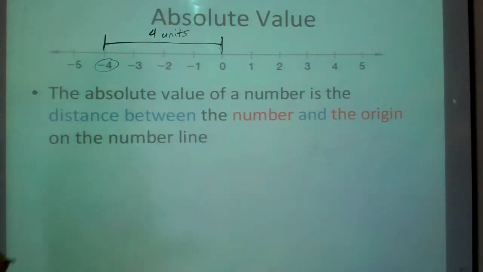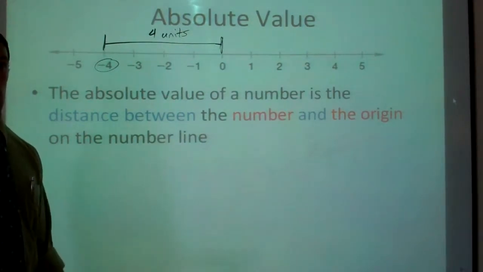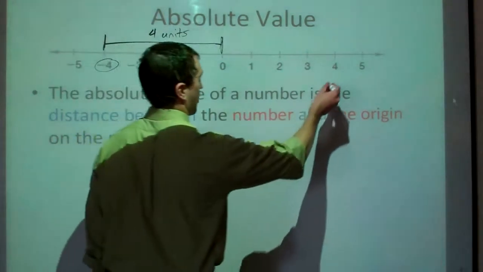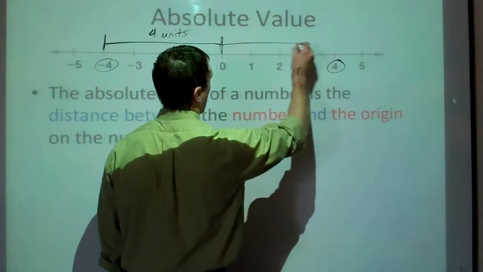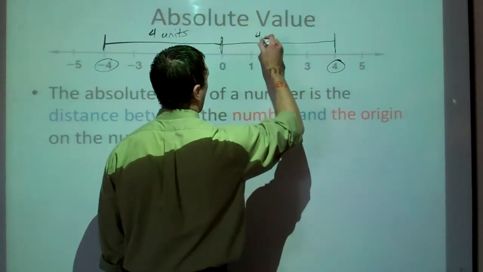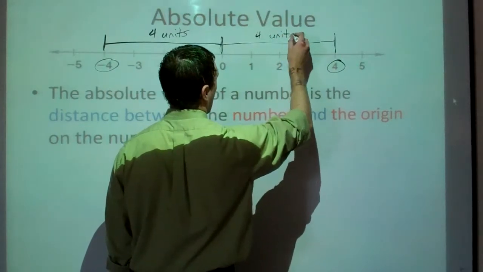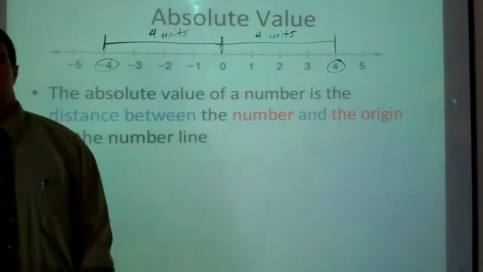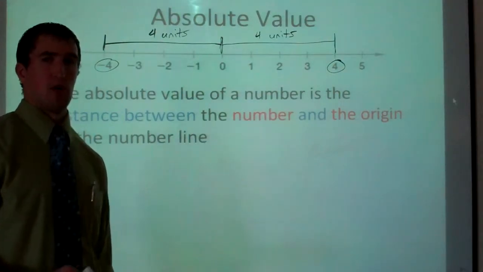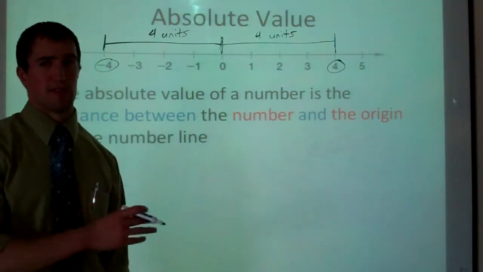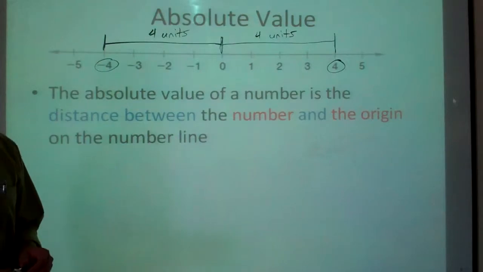Another number that is 4 units from 0, right here. So, -4 is 4 units from 0. +4 is 4 units from 0. That's what absolute value is telling us.